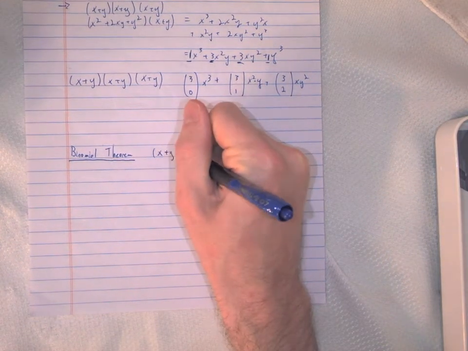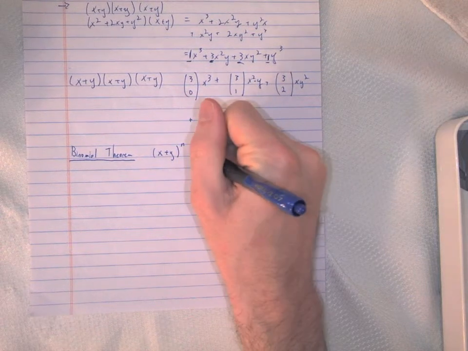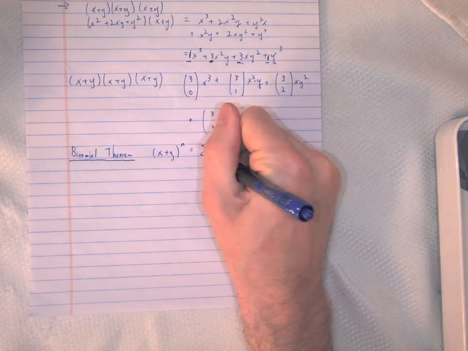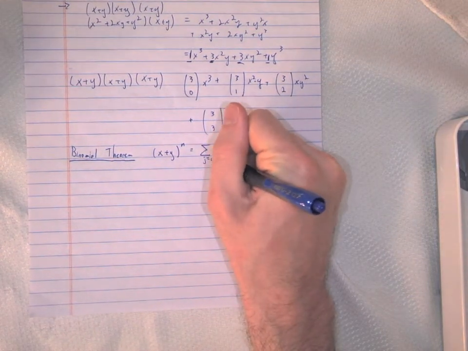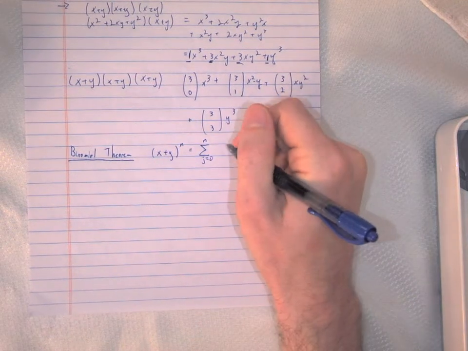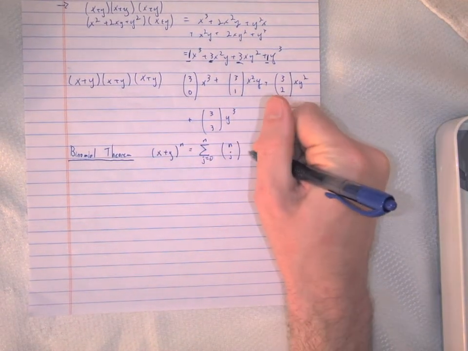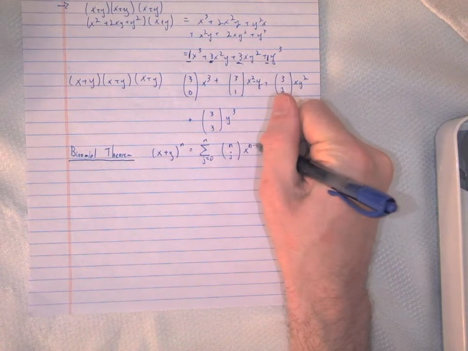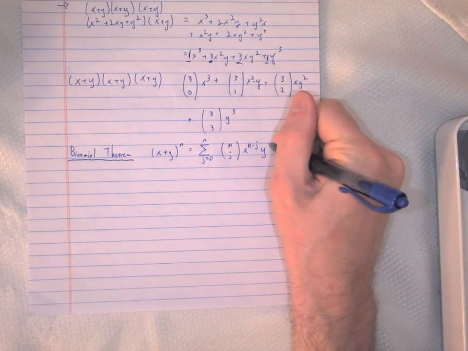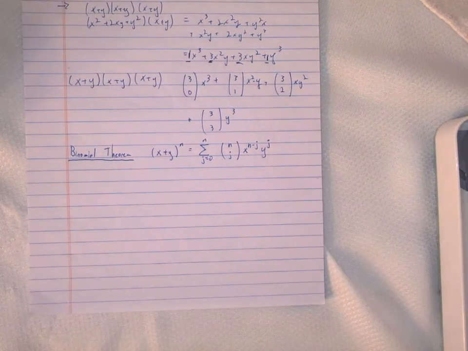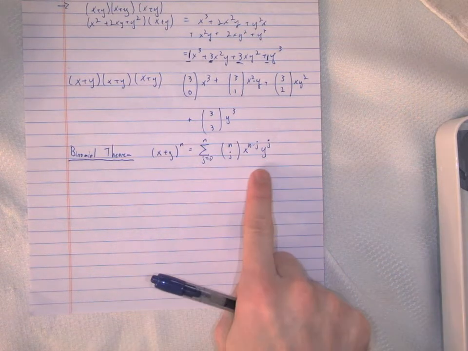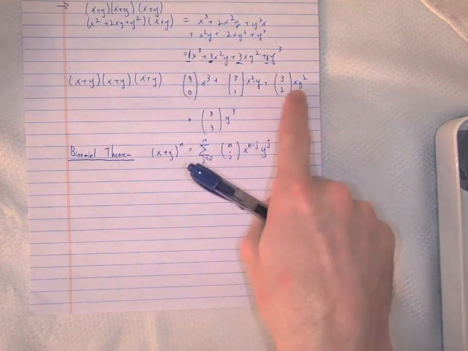X plus y to the n is equal to the sum from j equals 0 up to n of n choose j times x to the n minus j y to the j. Okay, this is just the summation way of describing exactly what happened here.